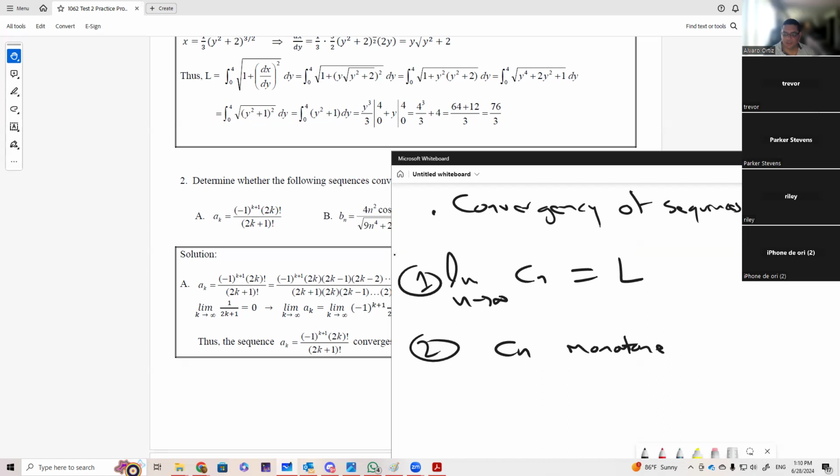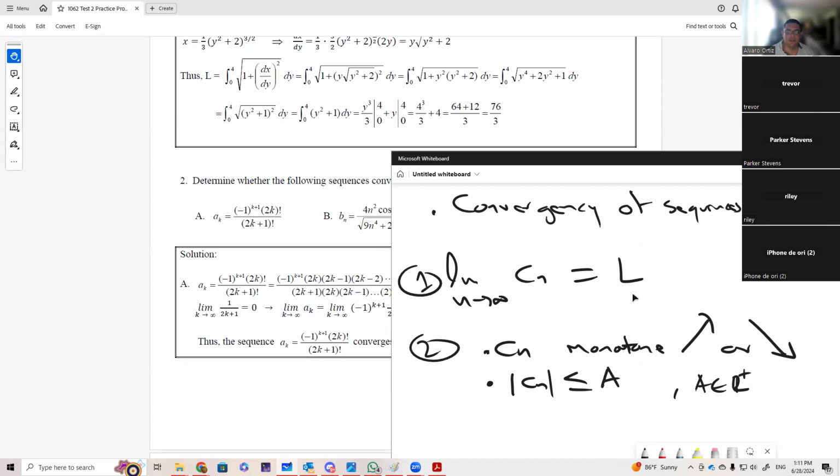And monotone means that it's increasing or decreasing. And of course, also that it is bounded. So the absolute value is less than a certain constant A, with A being a positive real number.